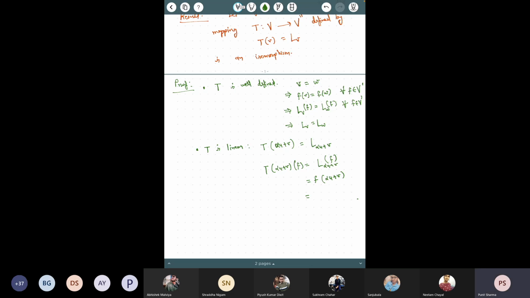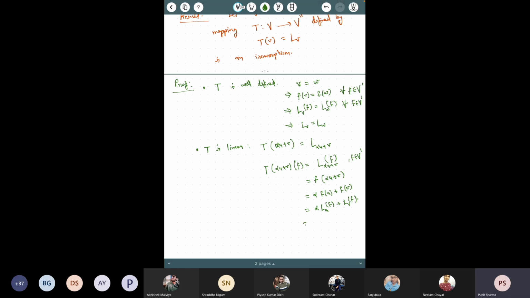This means alpha f of u plus f of v, because f is a linear functional. Here f is in v dash. This you can write as alpha L subscript u f plus L subscript v f.